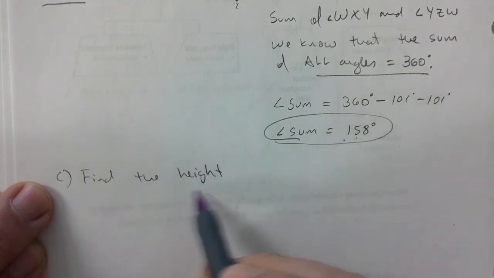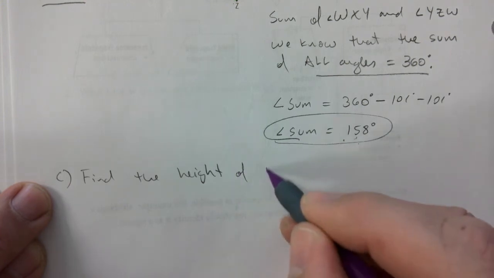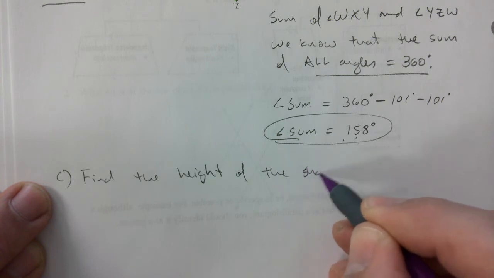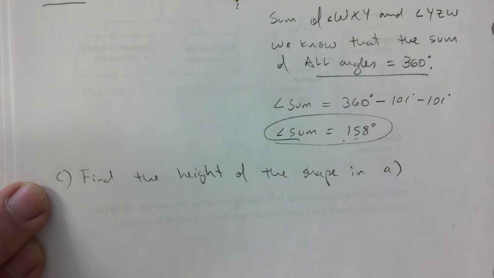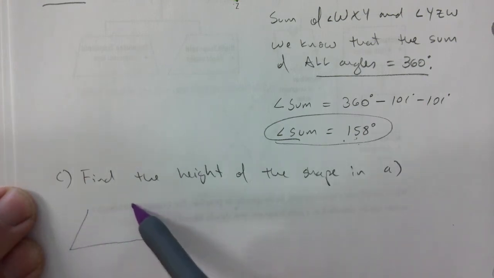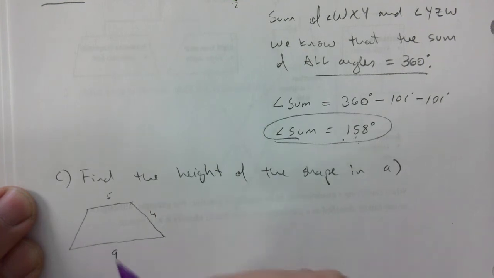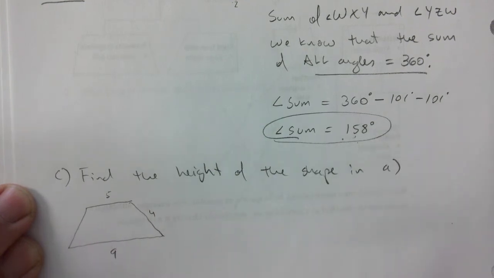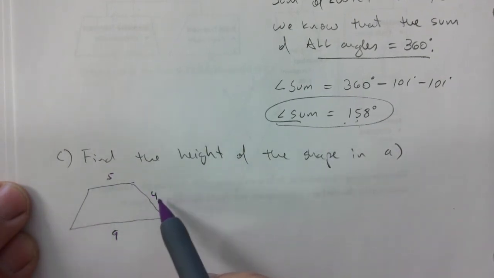So this is C. I'm just adding that on page 193 of the shape in question A. And we're going to quickly redraw that because I want you to see it. We know that this is 4, this is 5, this is 9. This is 5 centimeters, 9 centimeters. This is 4 centimeters.